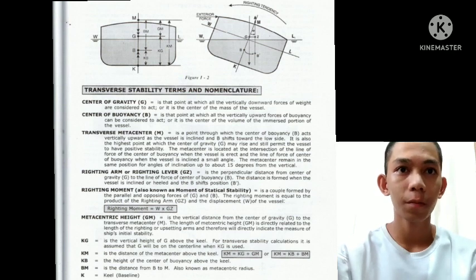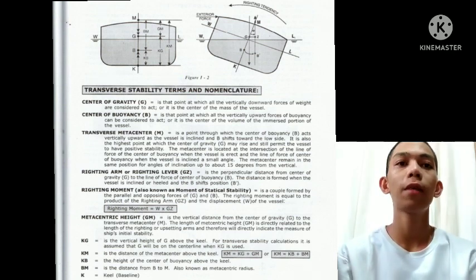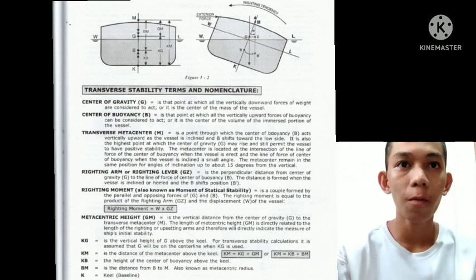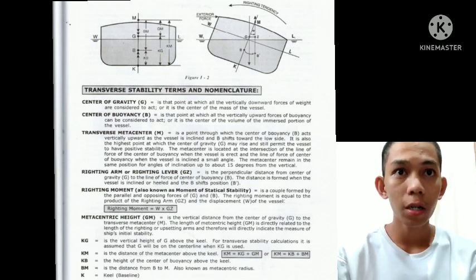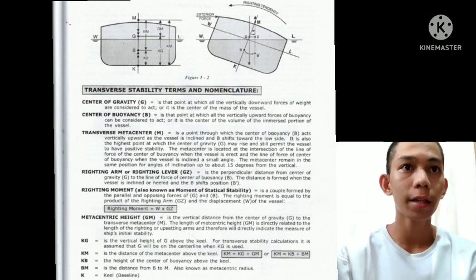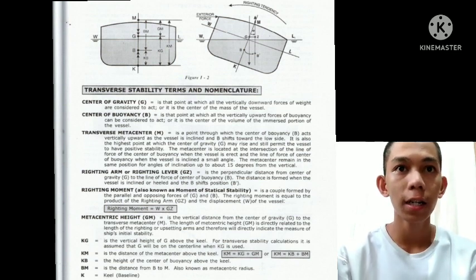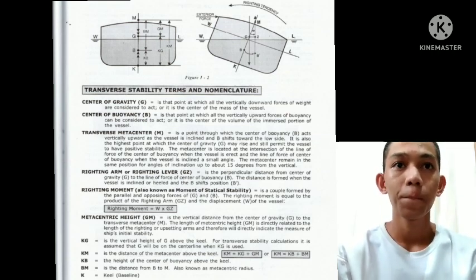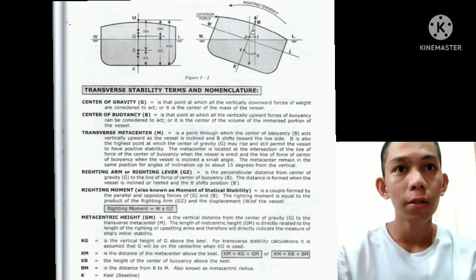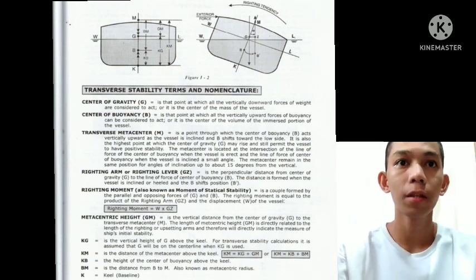Righting moment, also known as moment of statical stability, is a couple formed by the parallel and opposing forces of G and B. The righting moment is equal to the product of the righting arm GZ and the displacement W of the vessel: righting moment = W x GZ.